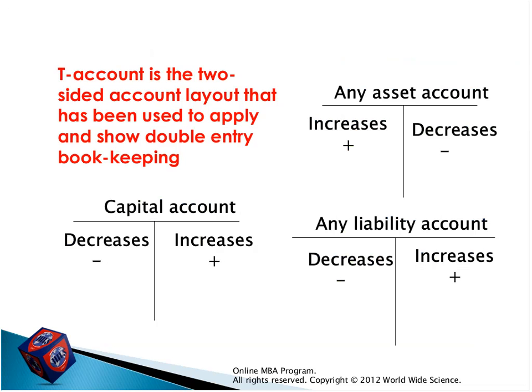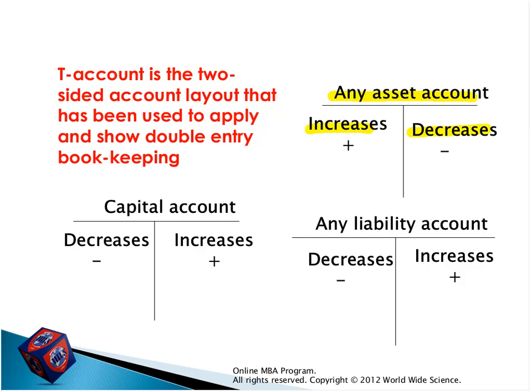Here I am giving you examples of double entries, samples of how we record. A T account is the two-side account layout that is used to show double entry bookkeeping. For any assets, firstly we show the transaction itself, then assets would be increased on the debit side, which is the left-hand side, and decreased on the credit side, which is the right-hand side.